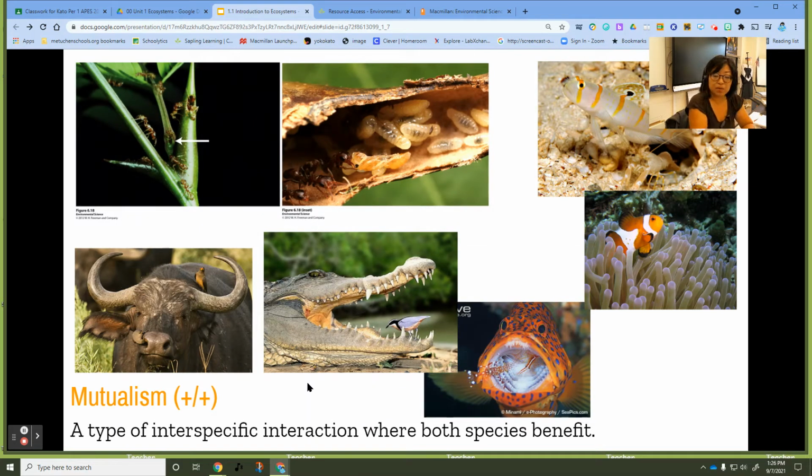Here is an example of mutualism. I think they're fascinating interactions. Mutualism is a plus-plus interaction where both members benefit, and there are some really wonderful examples. This is an acacia plant, or acacia tree, that has ants living inside it.